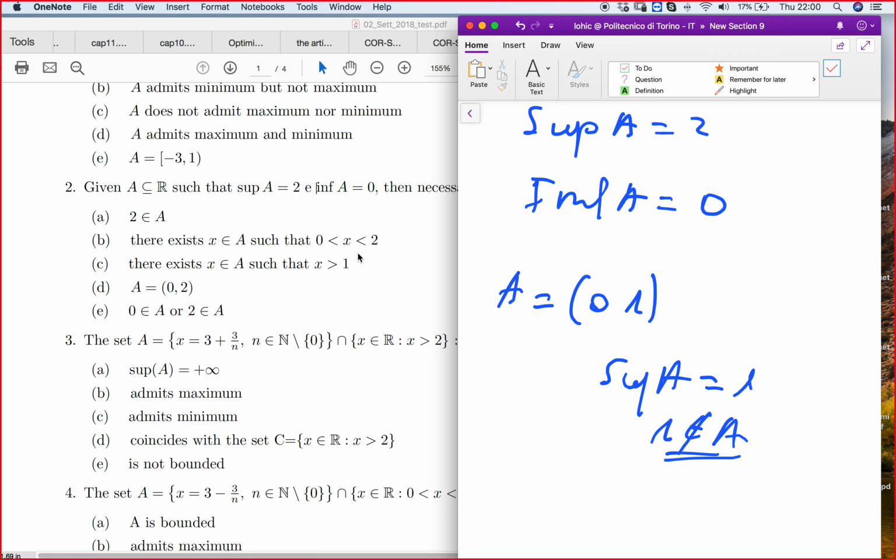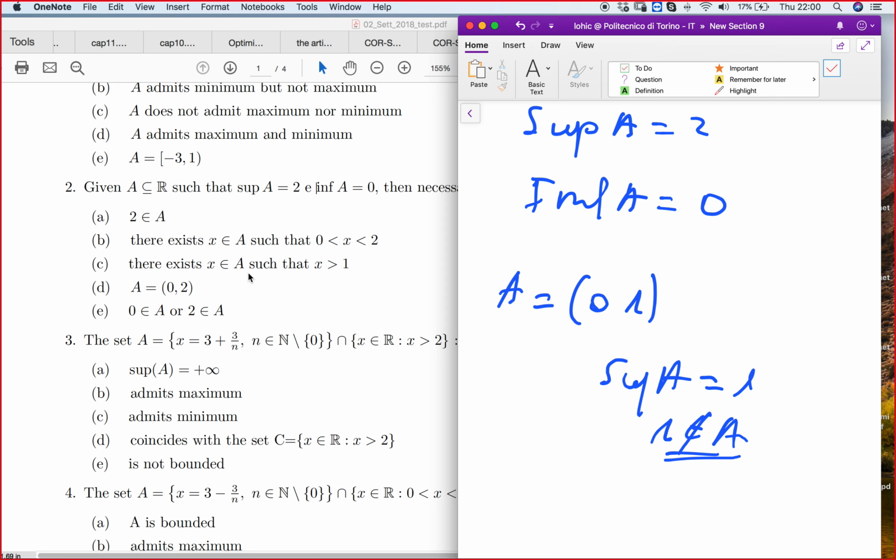The smallest majorant means that 2 is a majorant. It means that there is at least one element in the set that is smaller than 2. Yes or not? So B is correct.